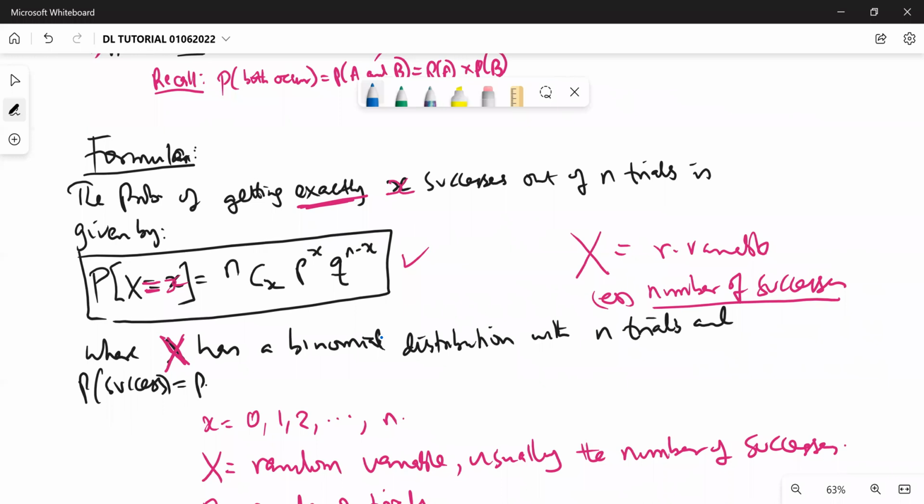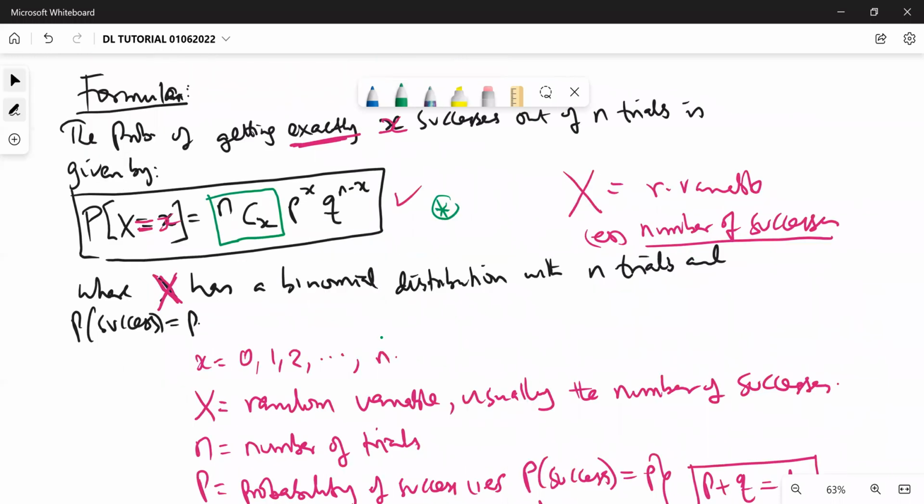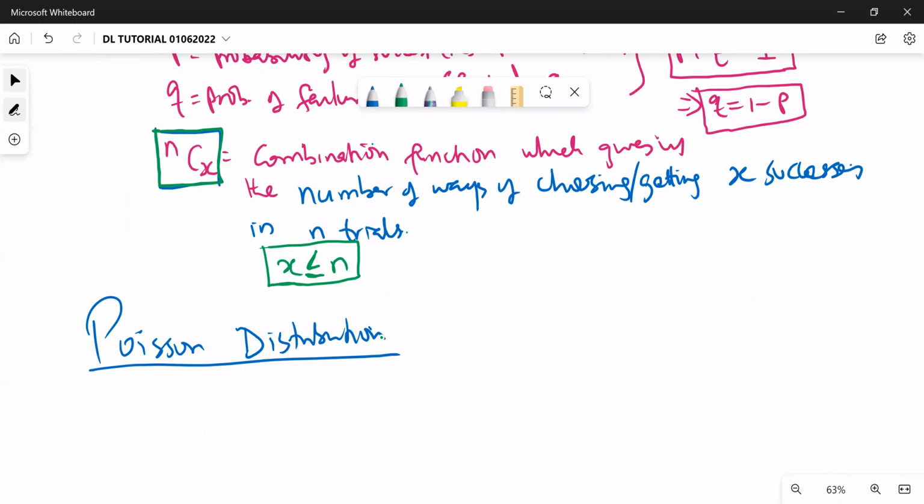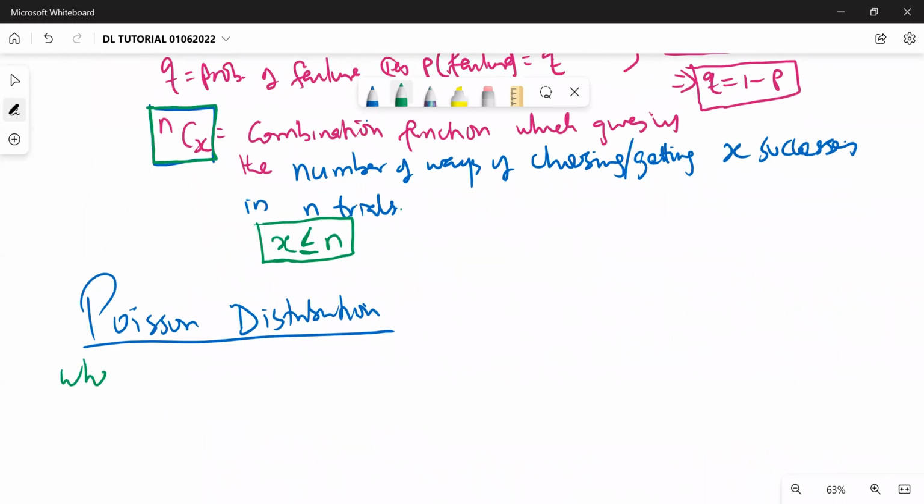You notice that there is a problem with this probability formula here, especially because of this part. That part can be problematic sometimes, meaning that the formula of binomial will not be useful in such cases. And these are scenarios when n is very large.